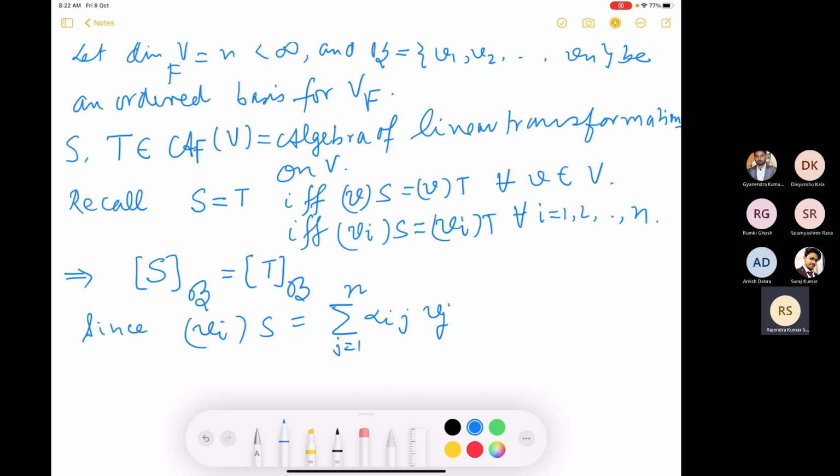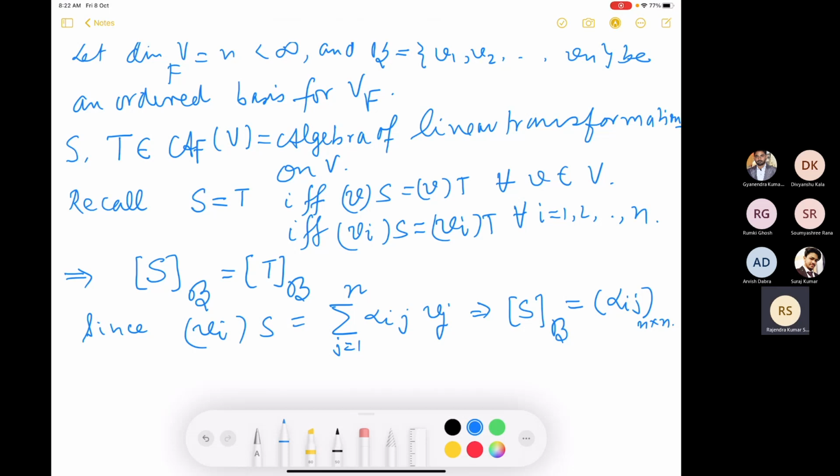So that is the matrix of this, alpha ij. That makes the matrix of S with respect to the basis B the matrix whose ijth entry is alpha ij, n by n.